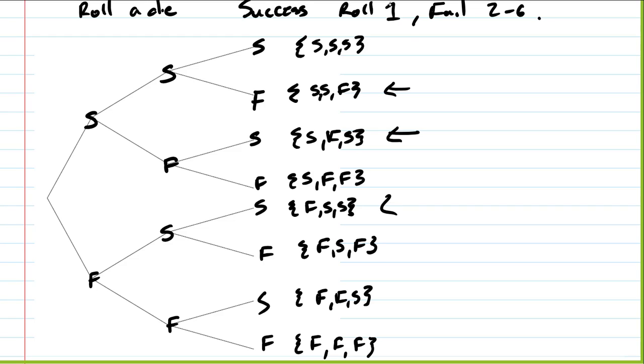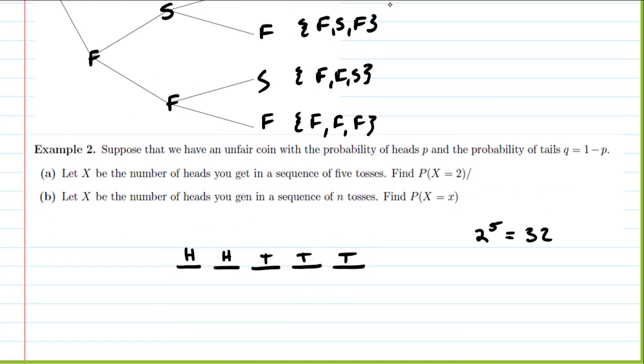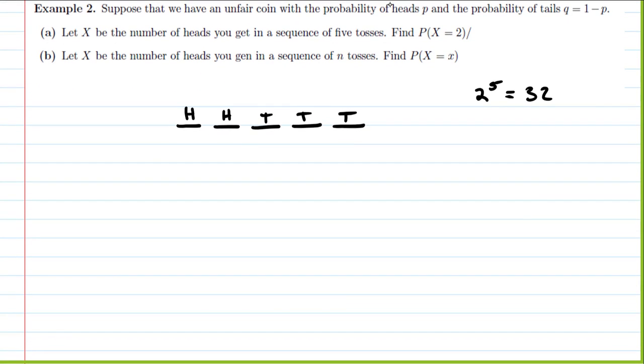Well, we need to come up with a way to help us count these. So we're going to think back to our counting principles. So what are we arranging? How many heads do we have? Well, in this word, how many heads do we have? 2. And so we can put the head in any one of those 5 spots.